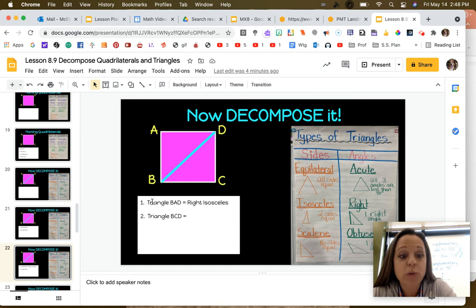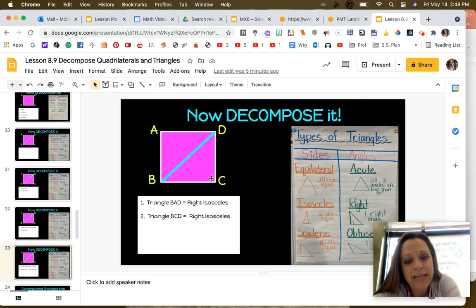Where was I? Oh, triangle BCD. That's our second one. And that is also a right isosceles. Remember, isosceles, that's the length of the side. That's your ice cream cone, okay? 2 sides are the same length. One side is shorter.